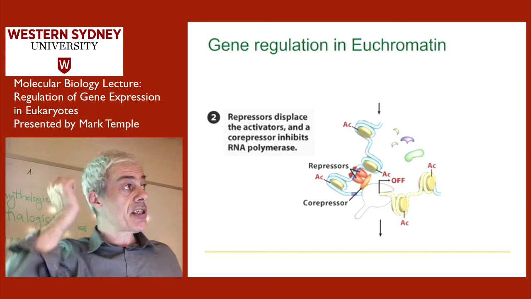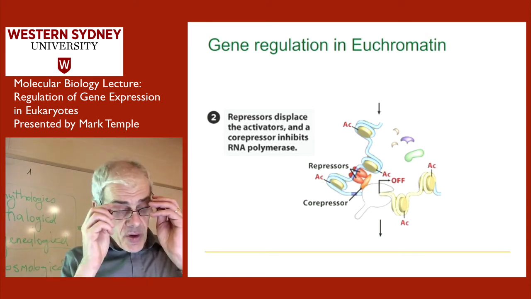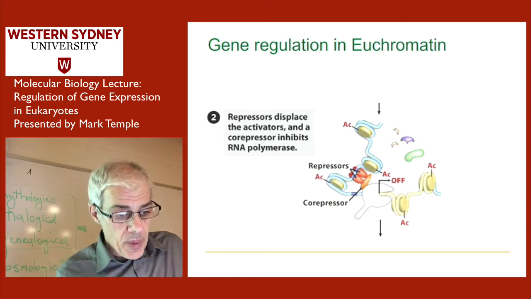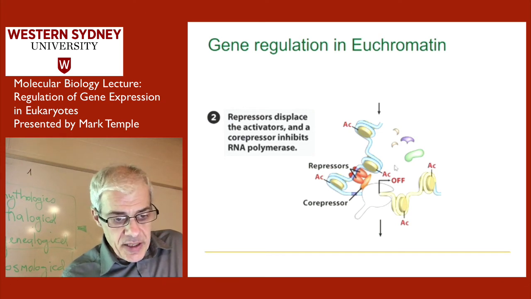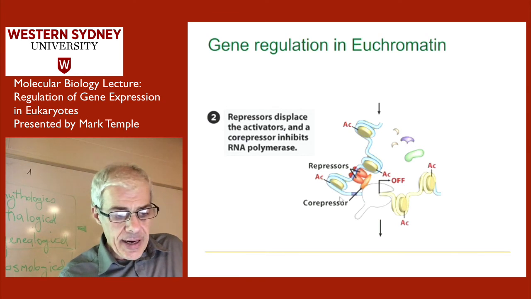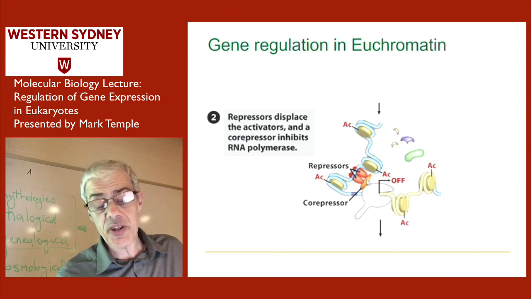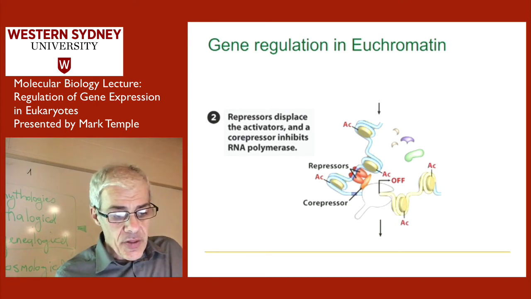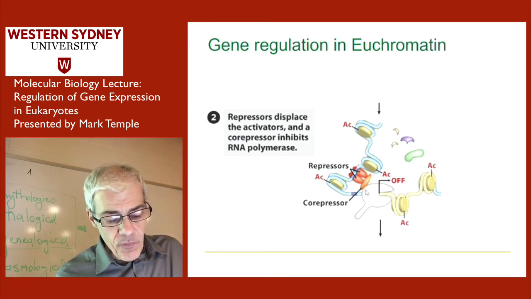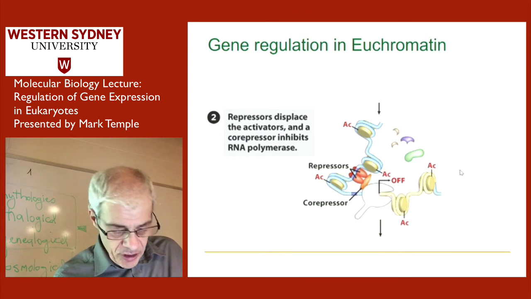So these strongly binding repressor proteins have displaced these transcription factors and co-activators, and they've tethered in other proteins, which we just call co-repressors because they're doing different things. And this co-repressor now is not facilitating the polymerase to bind and to transcribe.